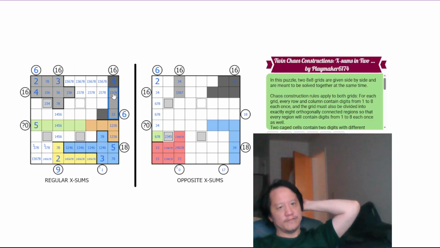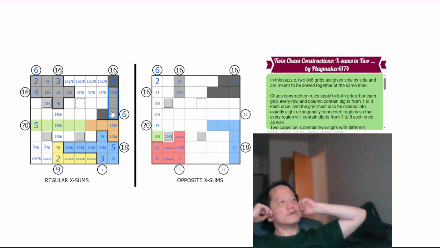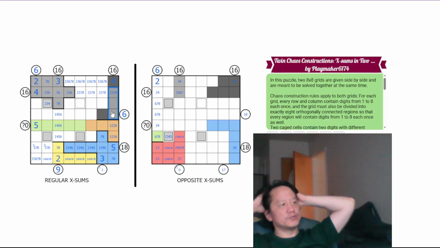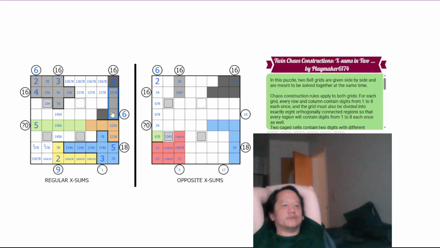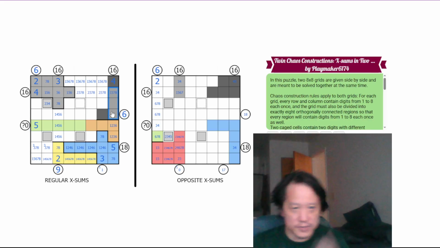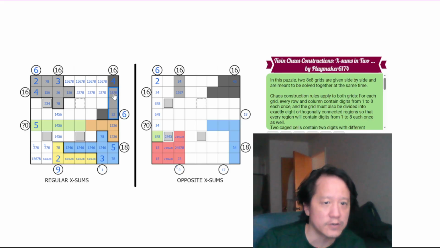So we can't have 4, 1, 5, 6 here. So we need to have a 7 or 8 be part of it. Right, we can't have 4, 6, 2, 3. It's too small. But 6, 5, and 1. So therefore, this is 7 and 8 guaranteed here.